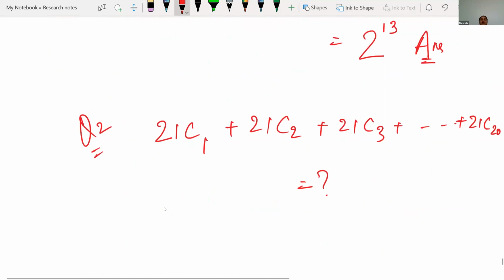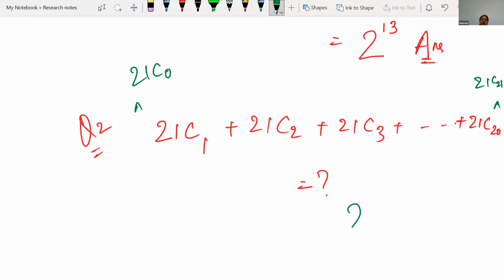It is not following any pattern for 2, 3, 4. Only one thing we can notice here, that 21C0 is missing, and the last term, 21C21, is missing, right? Yes, ma'am. So we can say if 21C0 and 21C21 would have been there, then the expansion would give 2 to the power 21, right?